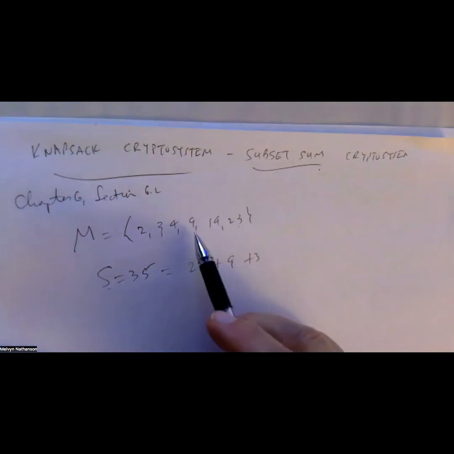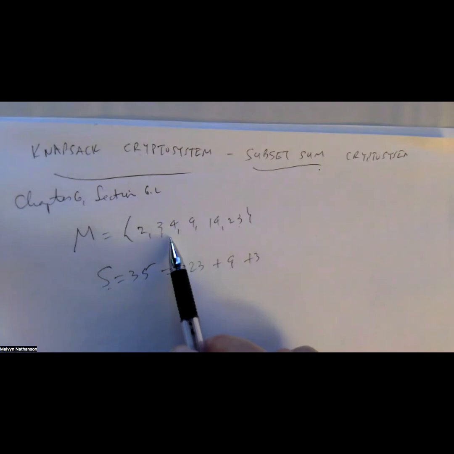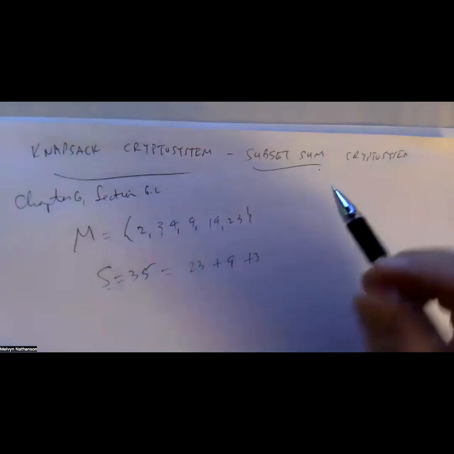So S is a sum of distinct elements in this set, a subset sum, right?